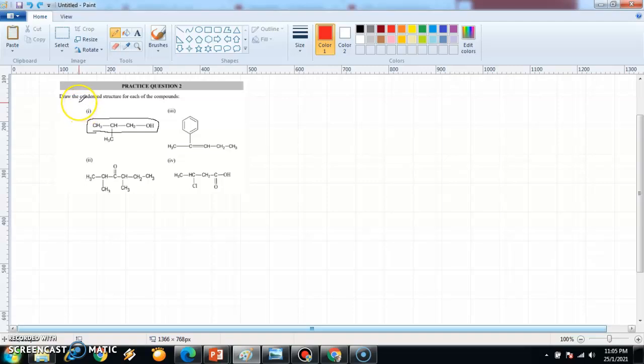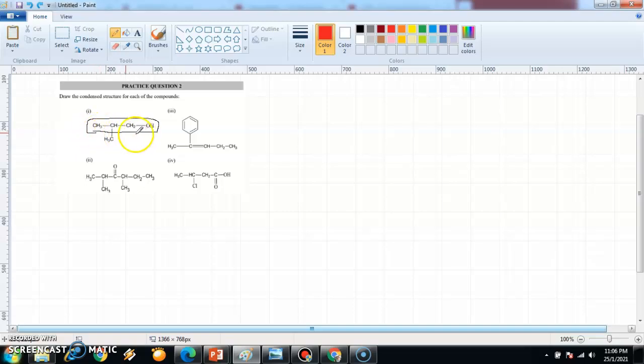For the first question, practice question number 2: draw the condensed structure for each of the compounds. So, how do we draw the condensed structure? First, if given the compound, we focus on the longest carbon chain.